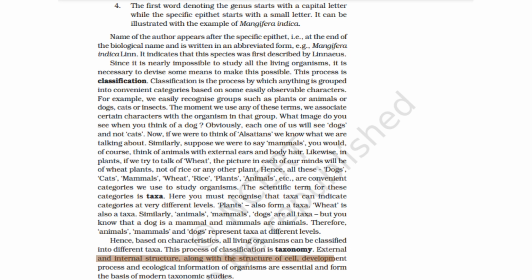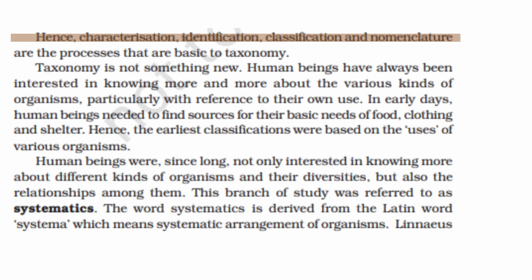External and internal structure, along with the structure of cell, development process, and ecological information of organisms are essential and form the basis of modern taxonomic studies. Hence, characterization, identification, classification, and nomenclature are the processes that are basic to taxonomy. Taxonomy is not something new.